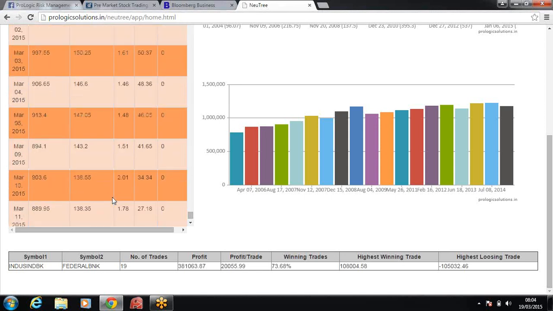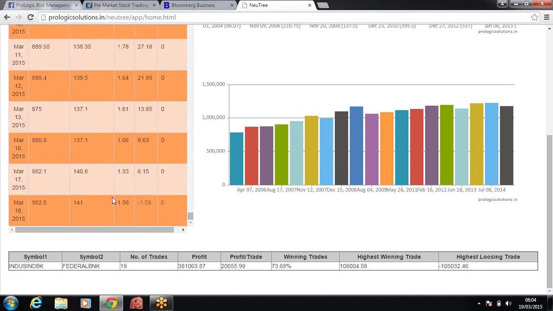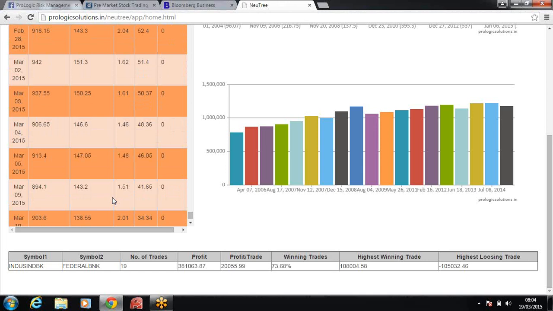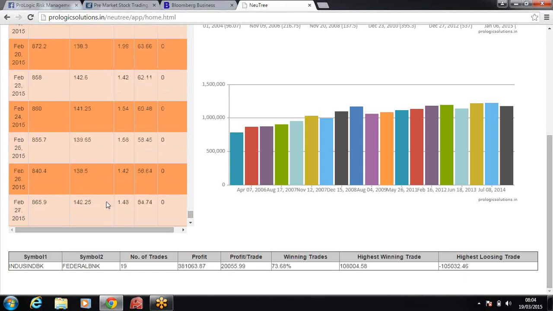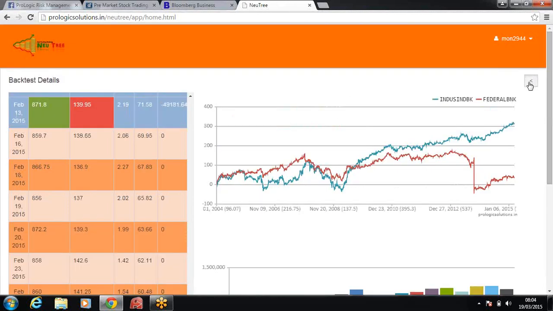I think there's some problem with this particular indication. We'll just come back to this trade. We'll reload it again.